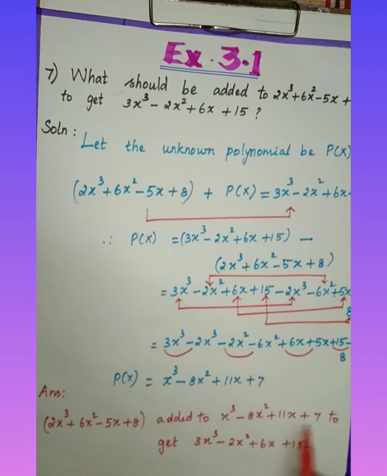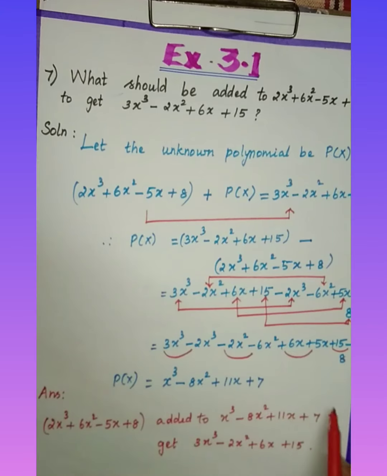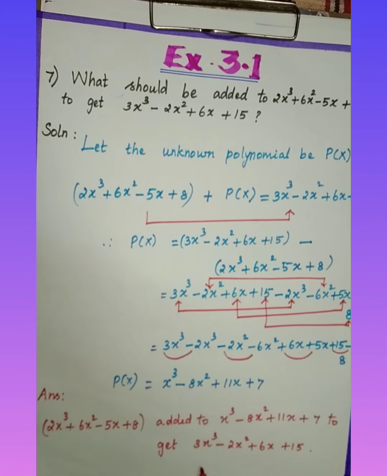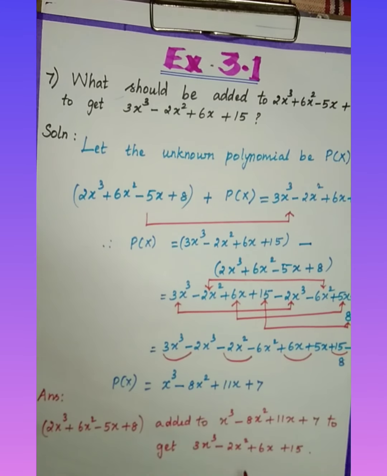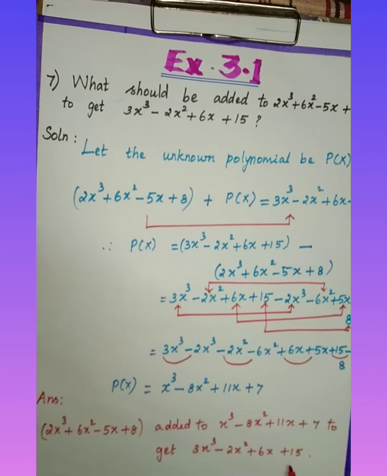So this polynomial P of x should be added to this to get 3x cube minus 2x square plus 6x plus 15.